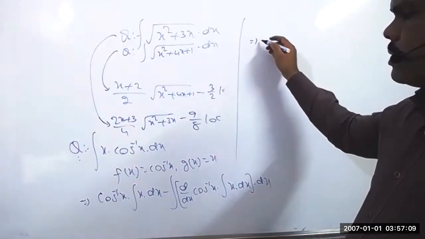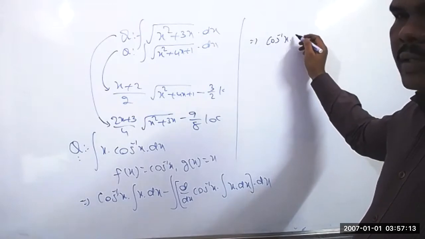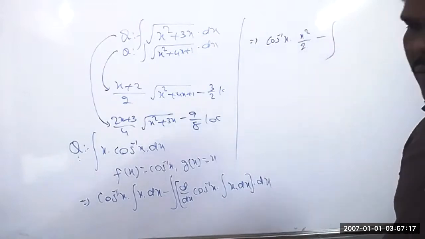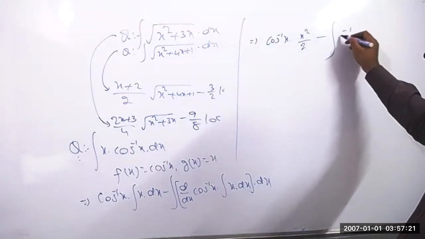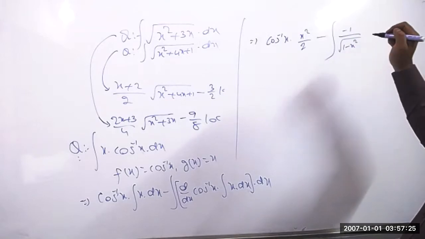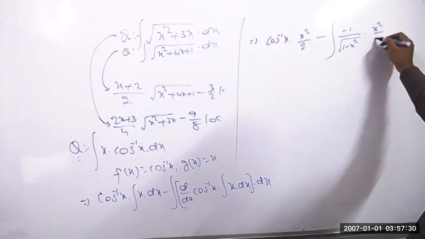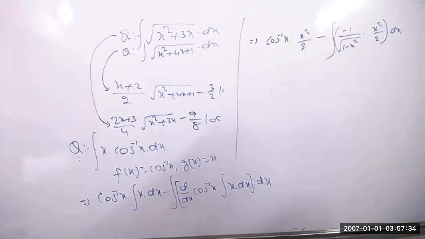So cos inverse of x as it is, and integration of x equals x square by 2, minus integration of the differentiation of cos inverse of x, which is minus 1 by root of 1 minus x square, into x square by 2, dx.